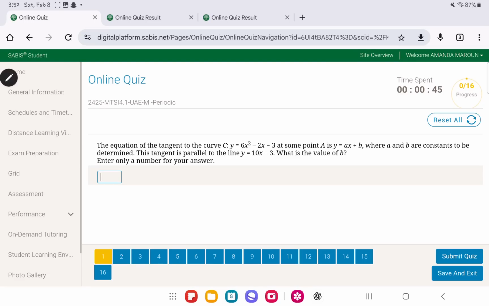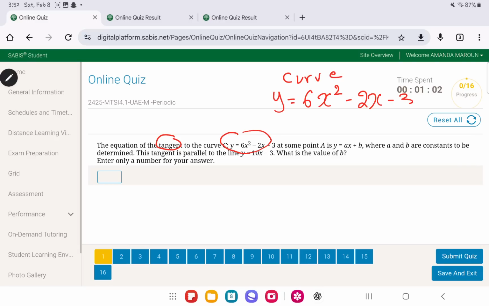Now here, the only thing we need to focus on is the keywords. First of all, we have tangent to the curve. The curve C, its equation is given by 6x squared minus 2x minus 3. This is our curve.